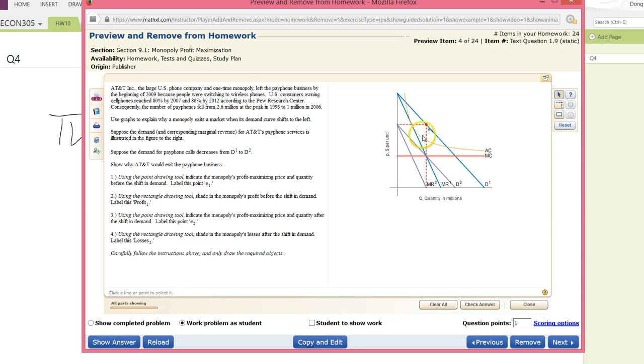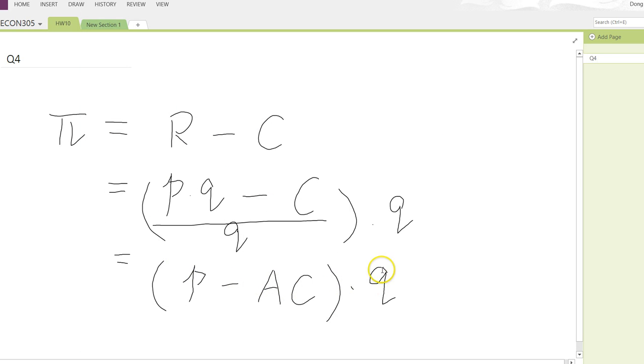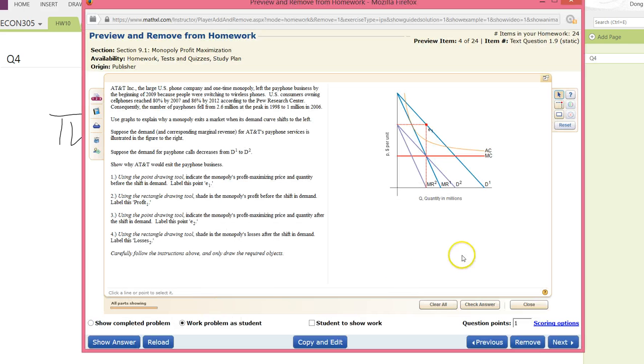So the distance is P minus AC, and then multiply by Q. Q is my horizontal axis. So the difference between the equilibrium point and the AC curve point, multiplied by Q, is the rectangle here.